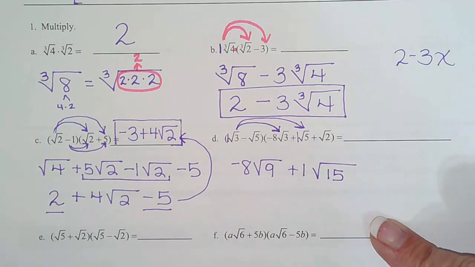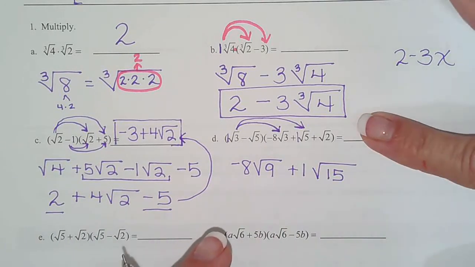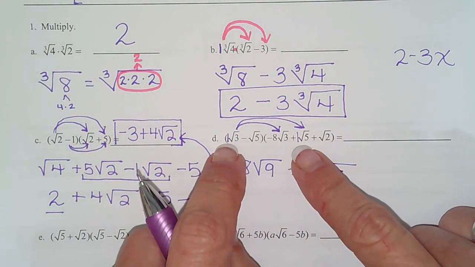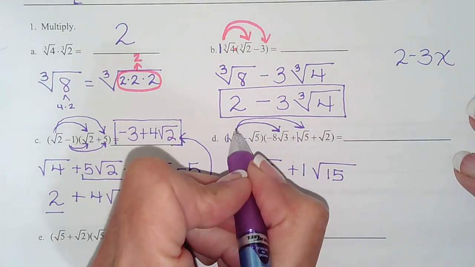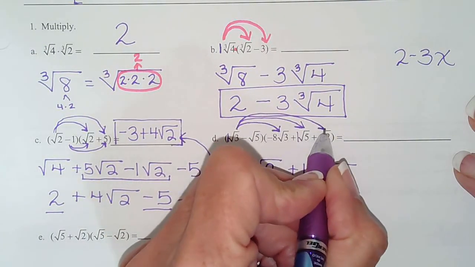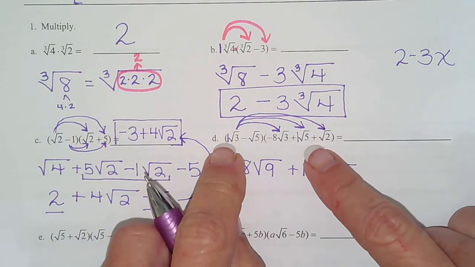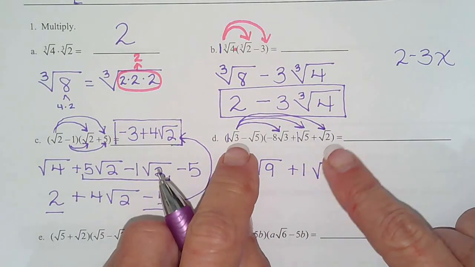So when I'm working the problem, I keep the 1s in front, and then for the final answer, I don't. So plus 1 radical 15. Then we need to distribute to the last term, and that would be plus 1 radical 6.